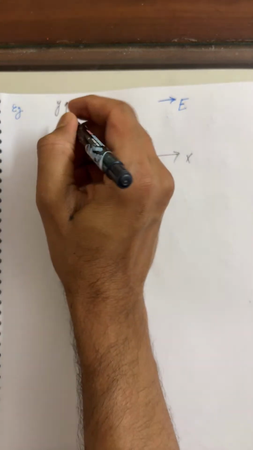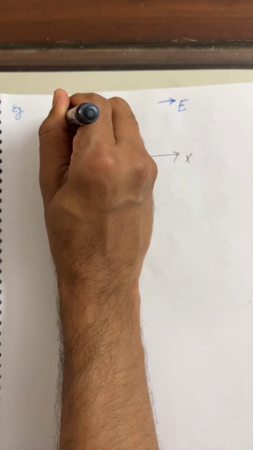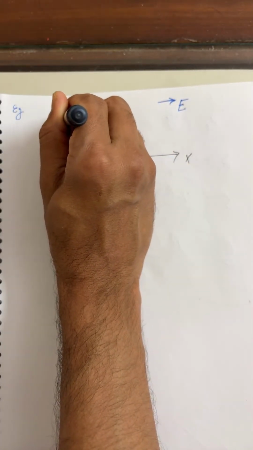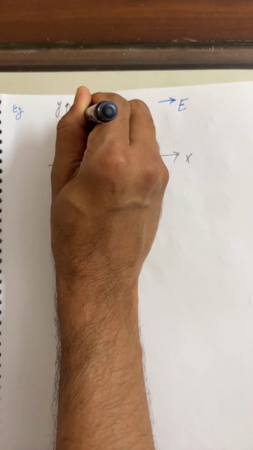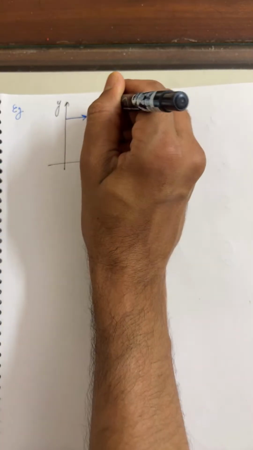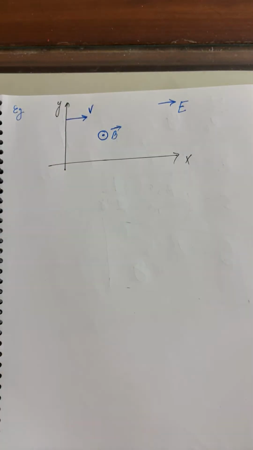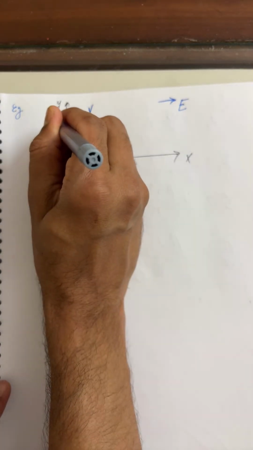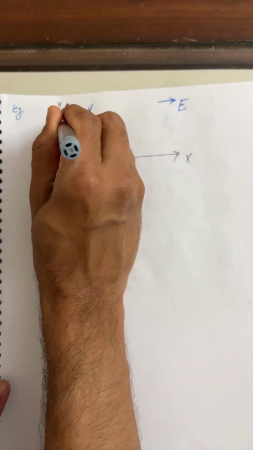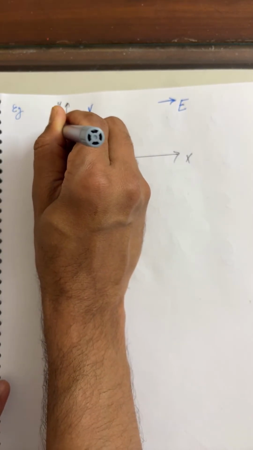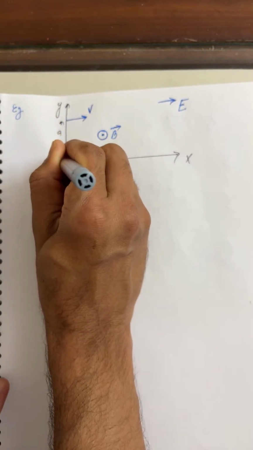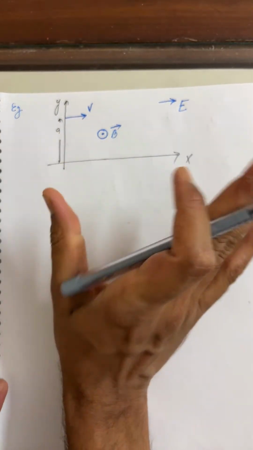Now I'm going to release a particle from here only. The speed of the particle is equal to v. Everything is mentioned in the diagram.